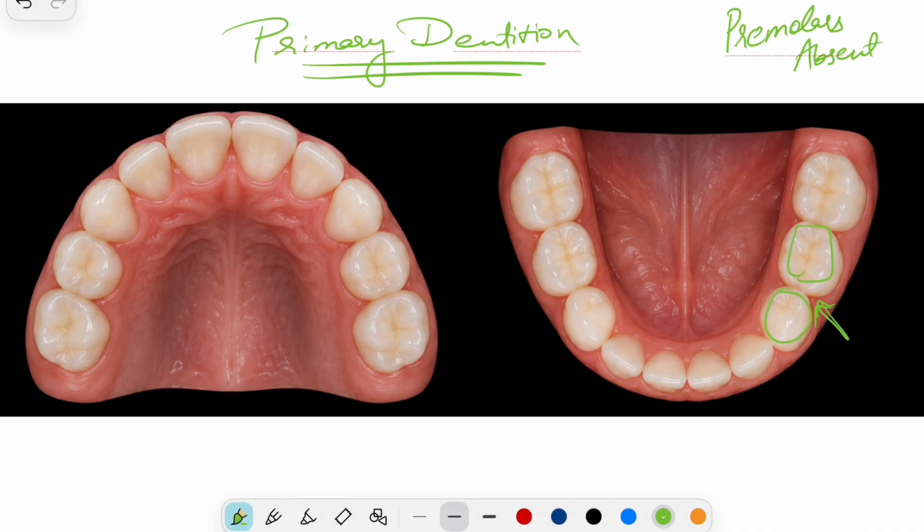So this picture is a primary dentition. Primary teeth are smaller in size as compared to the permanent teeth. They are whiter in appearance as compared to the permanent teeth. And primary dentition is also called deciduous dentition, milk teeth or temporary teeth. Okay, the primary dentition contains 20 teeth, which start erupting around the age of 6 months.